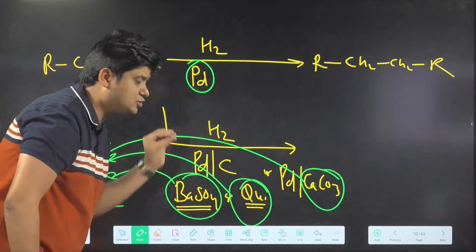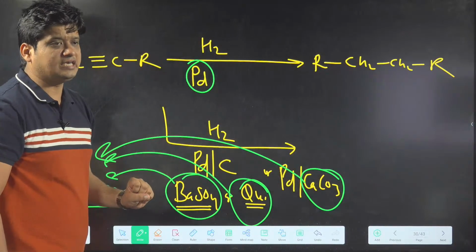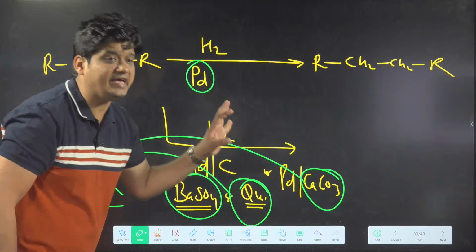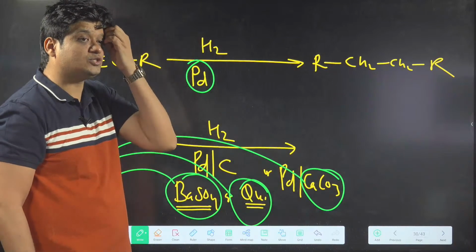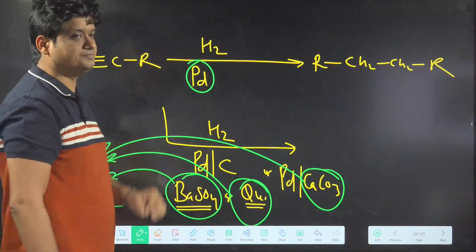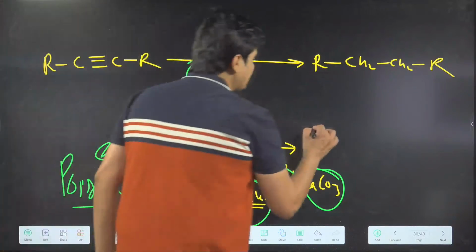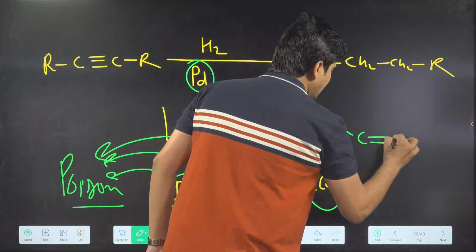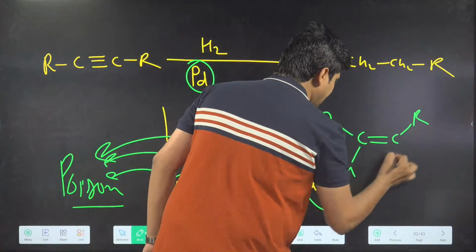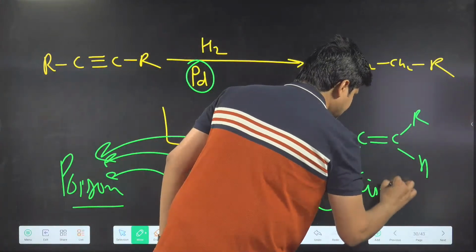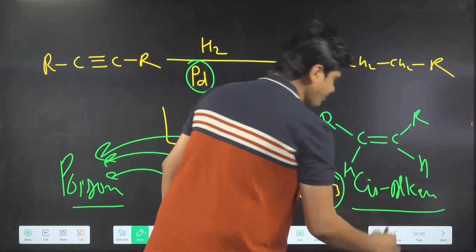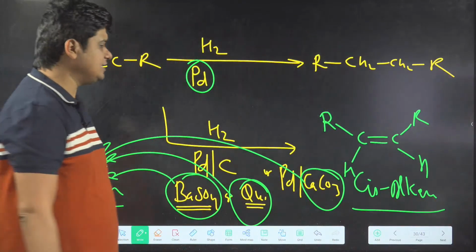So in the presence of poison, activity of catalyst is going to decrease and reaction can be stopped at alkene. So this alkyne is reduced only up to alkene, and this alkene which is formed there is cis alkene. Which alkene is formed there? It is what? Cis alkene.